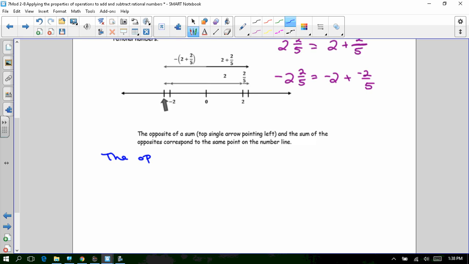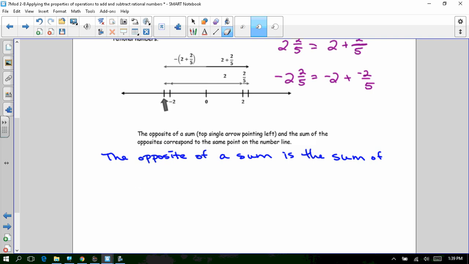The opposite of a sum is the sum of its opposites. The opposite of a sum is the sum of the opposites.